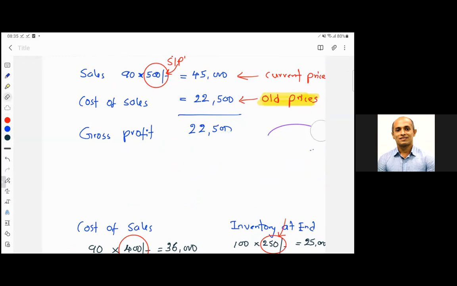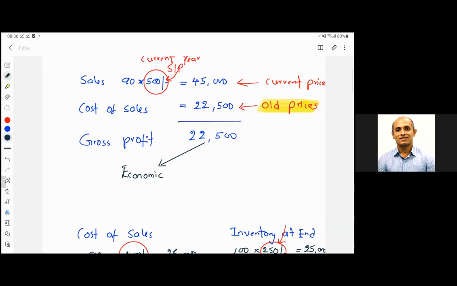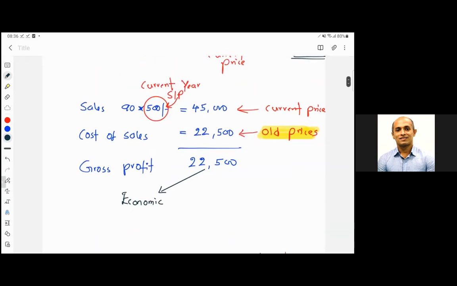That includes economic profit of 9,000, and the effect of changes in price level.